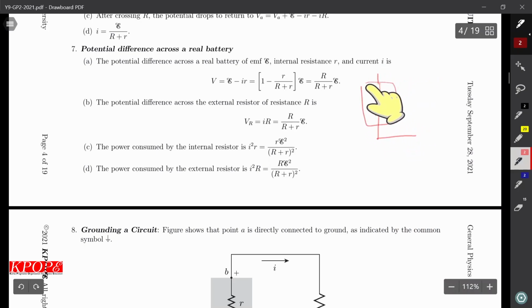This is a battery. Internal resistance is small r, and the external resistor is capital R. So current I is flowing in this direction.